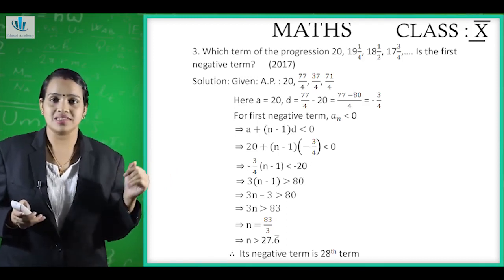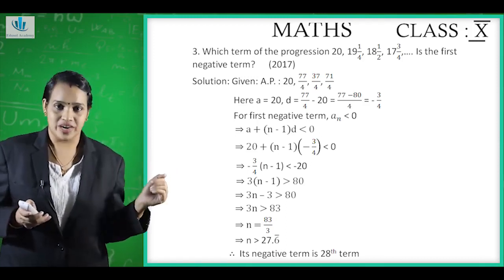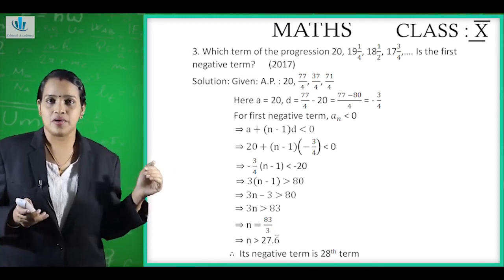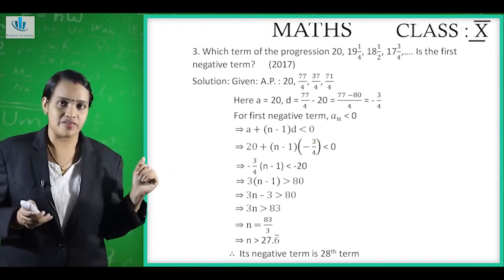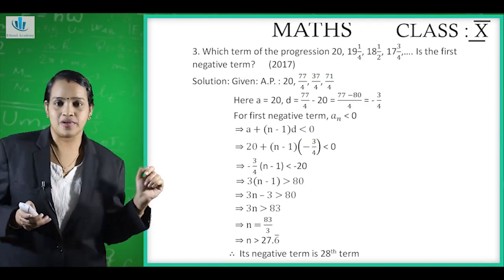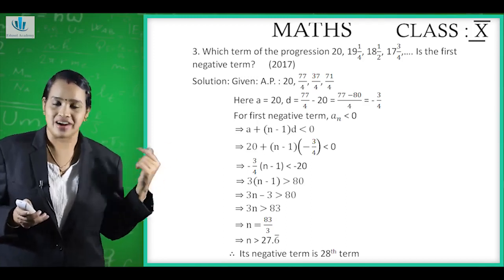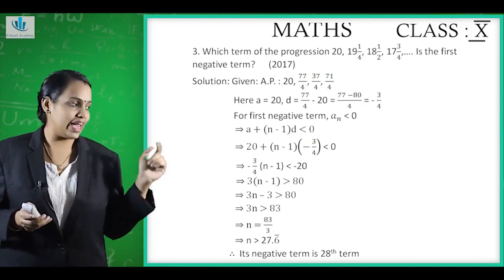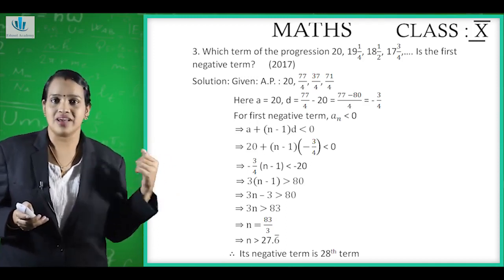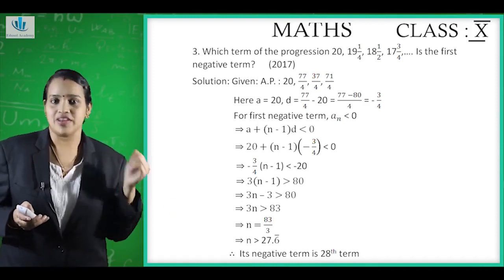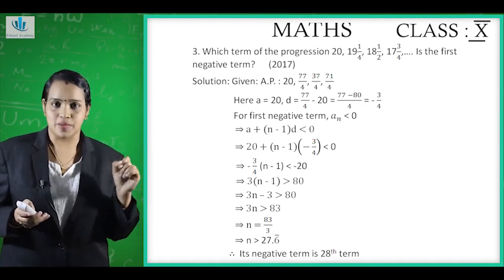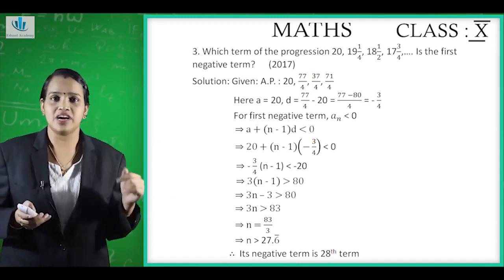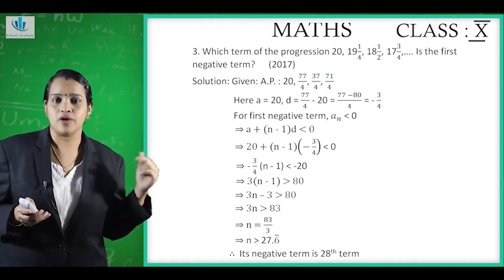Now in the question it is given, AP is given 20, 77 upon 4, that means that mixed fraction we are converting it. 19 1 upon 4 we are converting it, it becomes 77 upon 4. Similarly, 18 1 upon 2, we are again converting it, 37 upon 2. 17 3 upon 4, we are converting it, it becomes 71 upon 4.